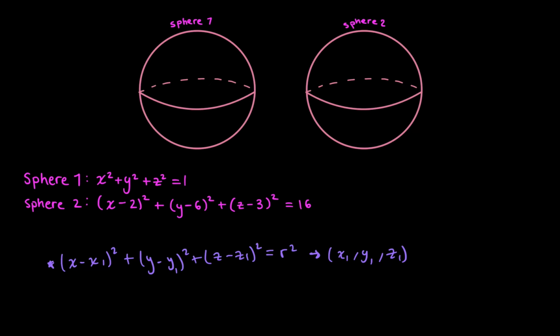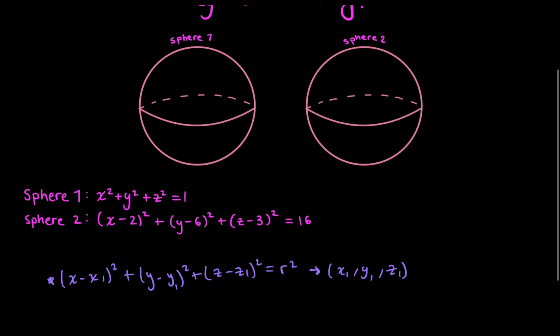Let's start by looking at sphere 1. I can tell that if I were to write this in the general equation of a sphere, I'll know that the center is at the origin, because it would be something like (x − 0)² + (y − 0)² + (z − 0)² = the square root of 1, which is just 1.